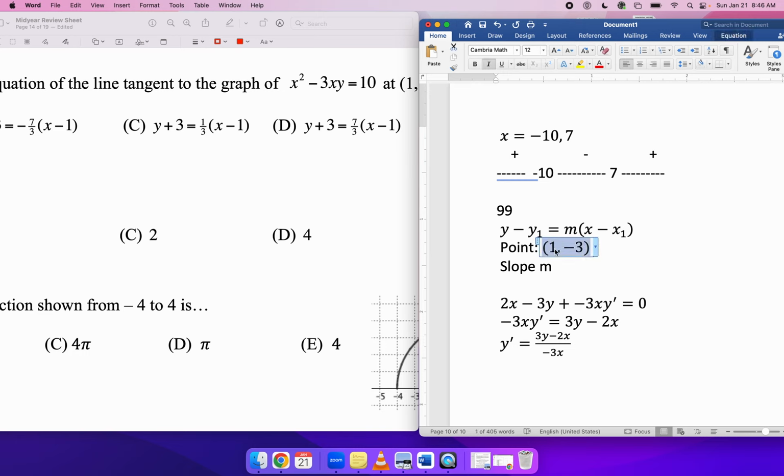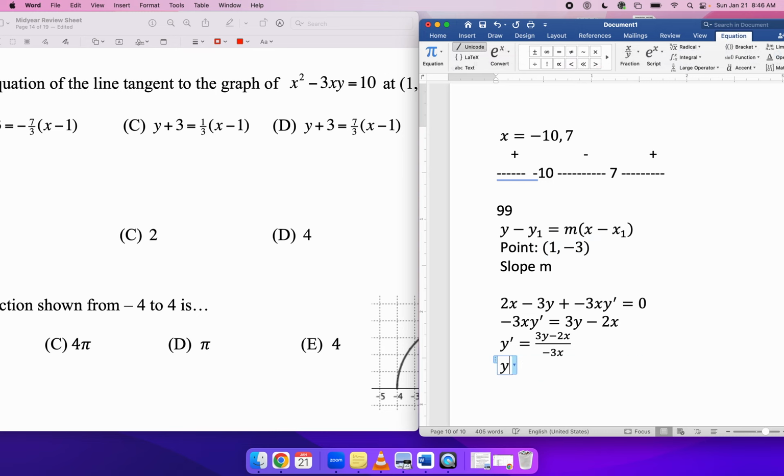So that just means plug in 1 for x and plug in negative 3 for y in this formula. So 3 times negative 3 minus 2 times 1 over negative 3 times 1. So negative 9 minus 2 is negative 11 over negative 3, so that's 11 thirds.